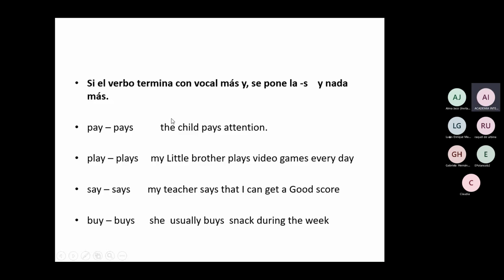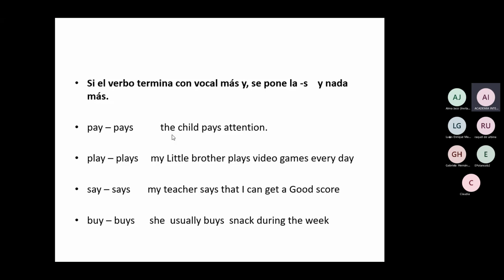Okay, another person can read this one, the first one. The child pays attention. The child pays attention. Very good.